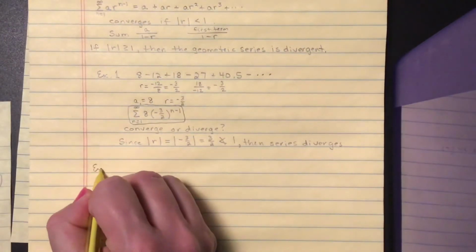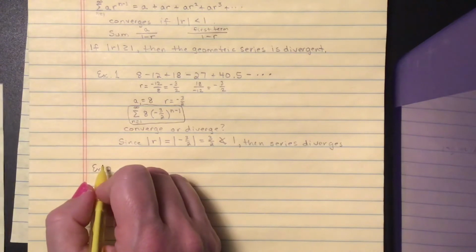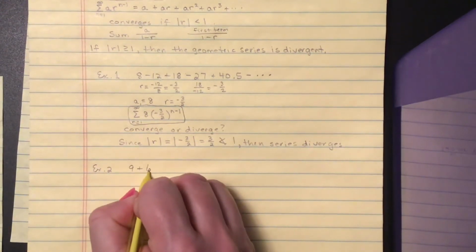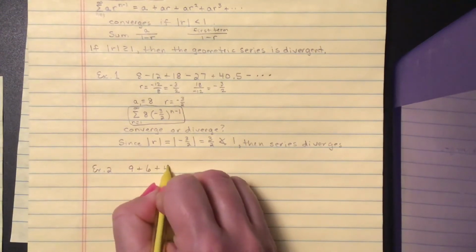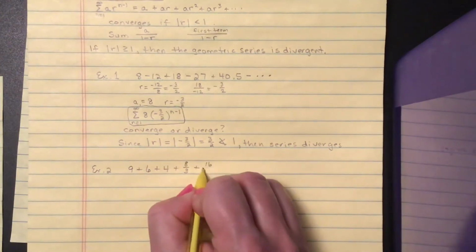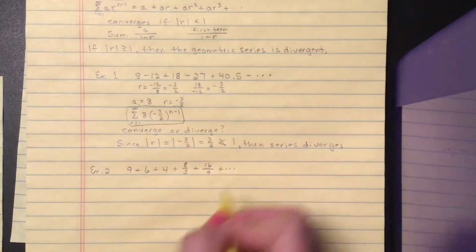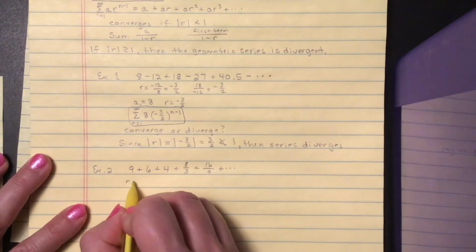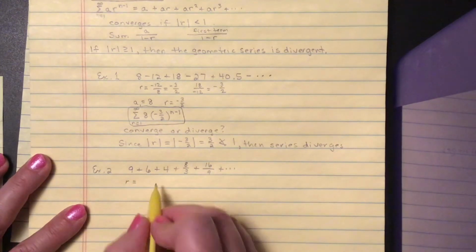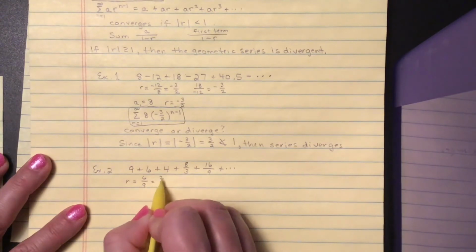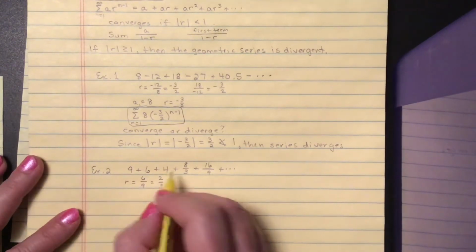Let's look at another example. Look at 9 plus 6 plus 4 plus 8/3 plus 16/9, and so on. Check for a common ratio. The second term divided by the first term gives me 2/3.